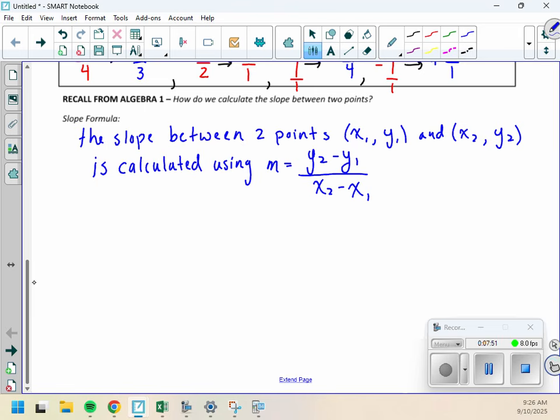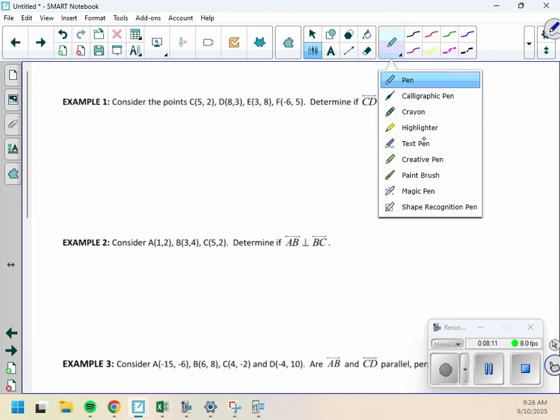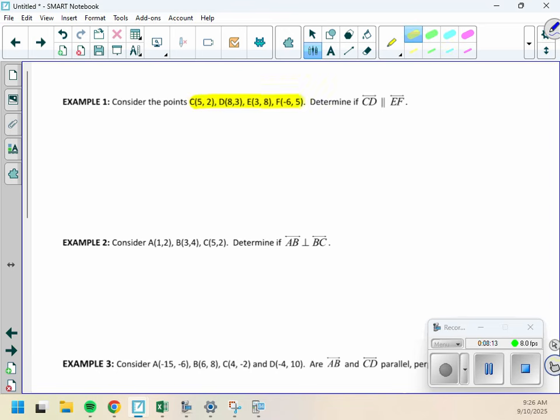Consider these points, C, D, E, and F, and they give us all of the coordinate pairs for these points listed out very nicely. We're going to determine, is CD parallel to EF? So first, we're going to look at these points CD, and we're going to calculate the slope of CD, this line CD between these 2 points. So we'll start with the slope of CD.